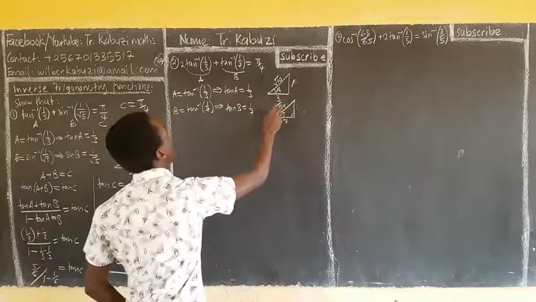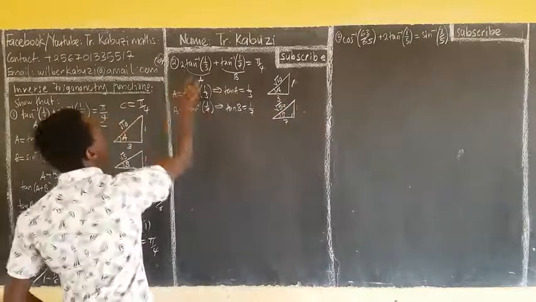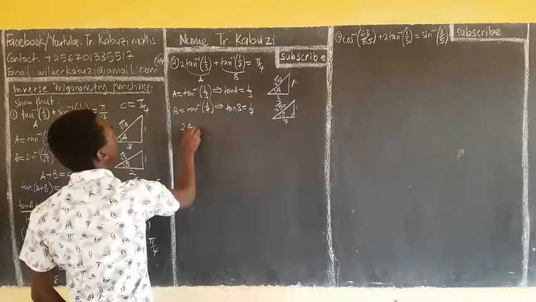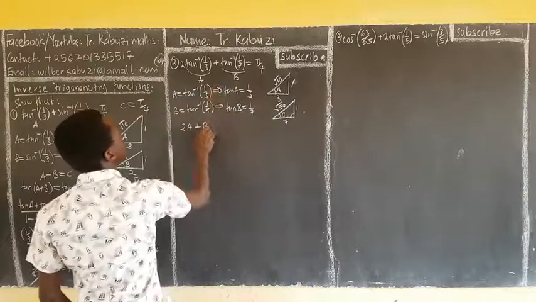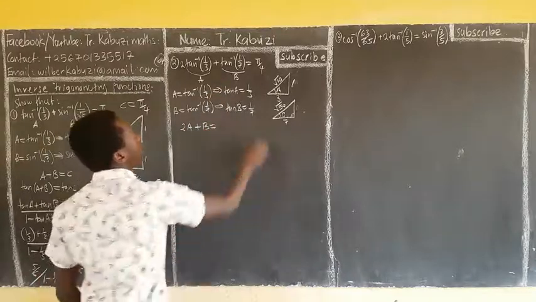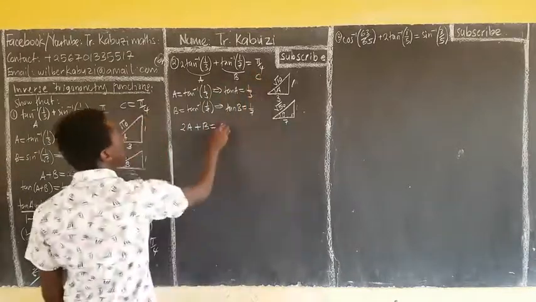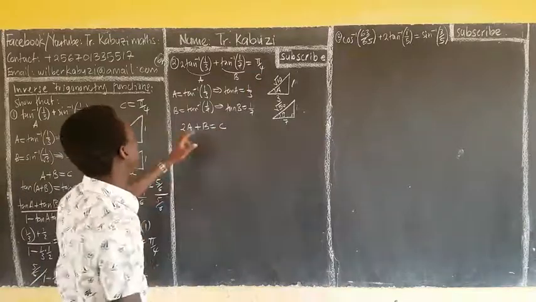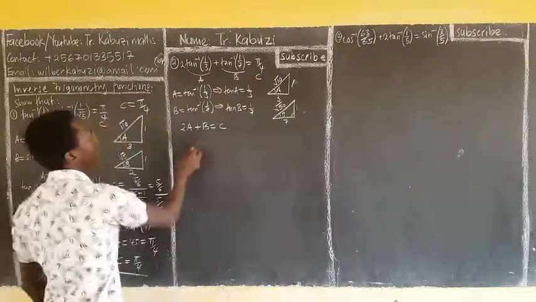So now I have 2A plus B is equal to C. Still the same thing, we introduce tan on both sides.